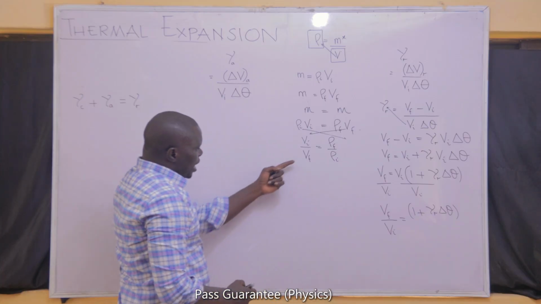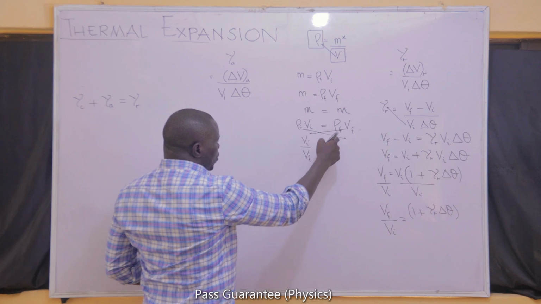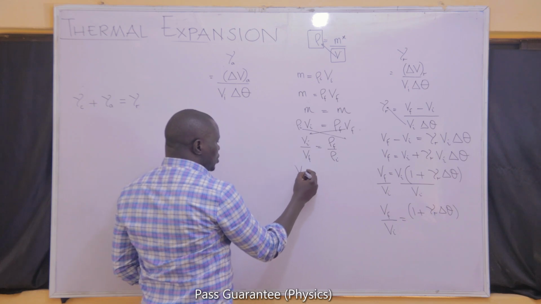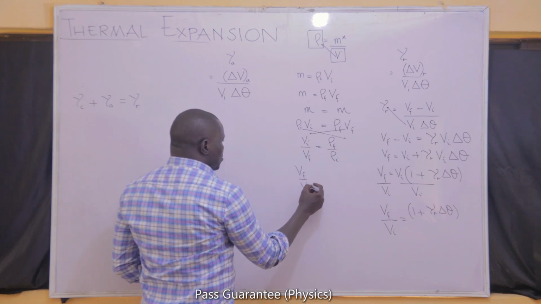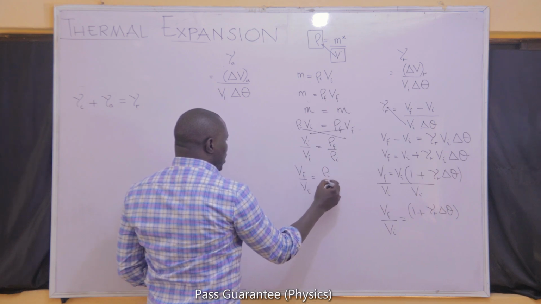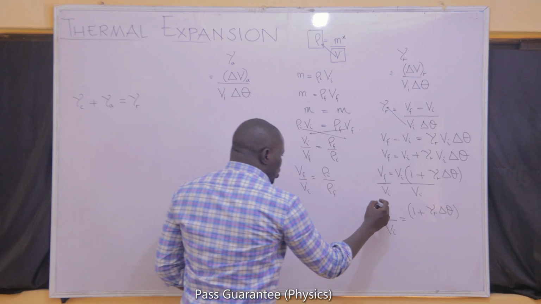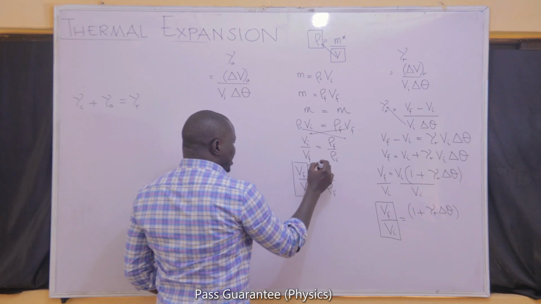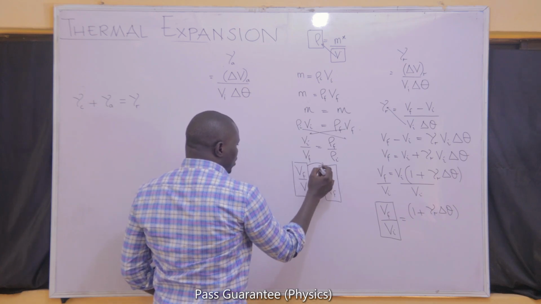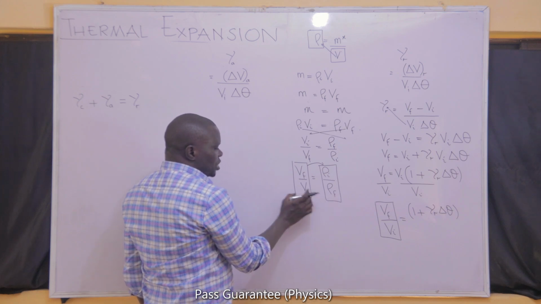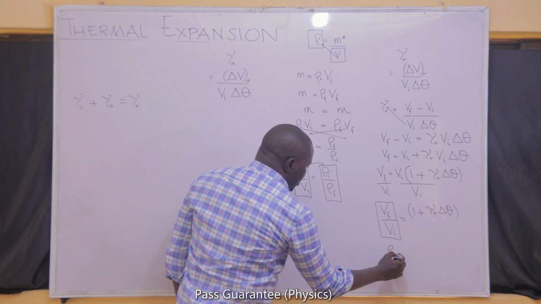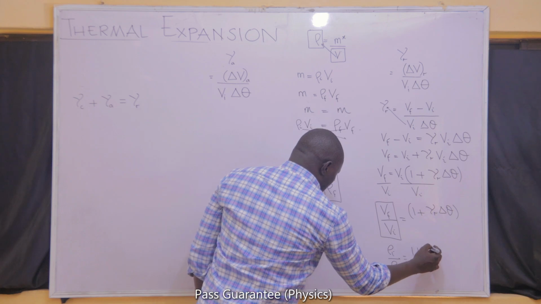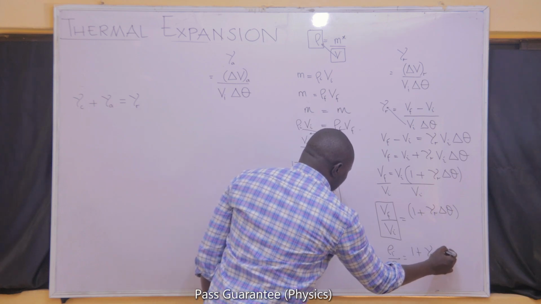We can now come here. If Vi over Vf is equal to rho F over rho I, let me do the inversion of both sides. If I do that, I expect you to know that Vf all over Vi must be equal to rho I all over rho F. So an expression that I have now just obtained for Vf all over Vi is rho I all over rho F. If I decide to substitute this for this in this equation, I will have rho I all over rho F is equal to 1 plus the real cubic expansivity multiplied by the change in temperature.